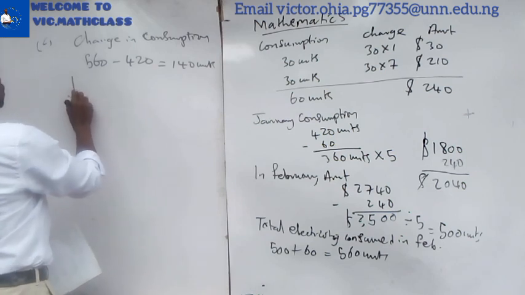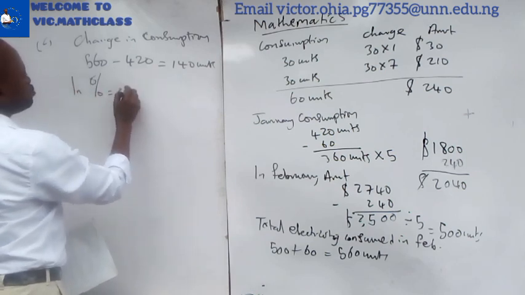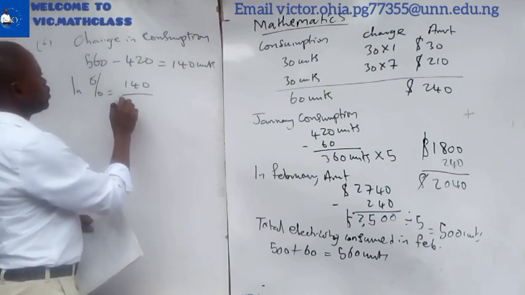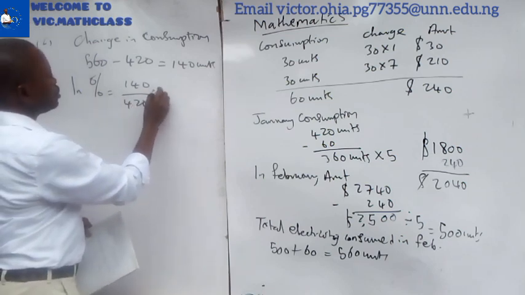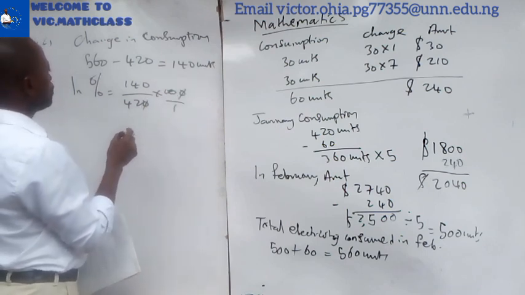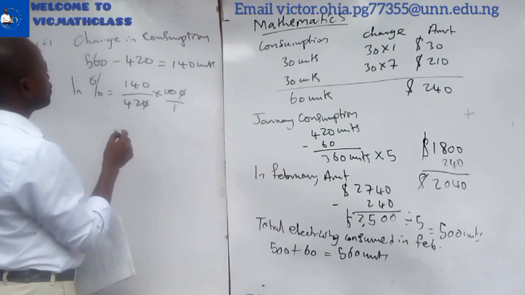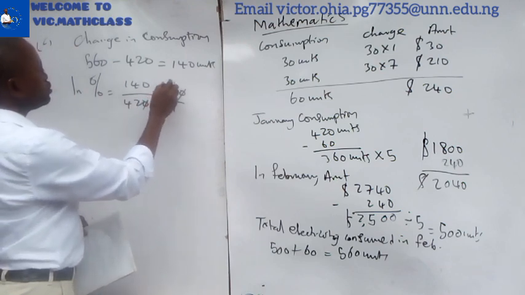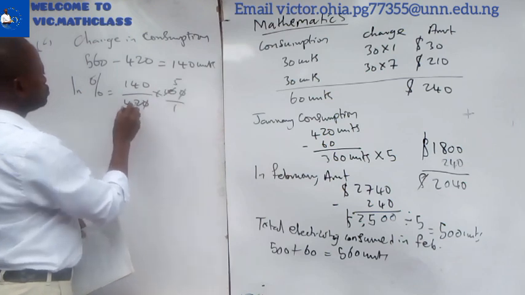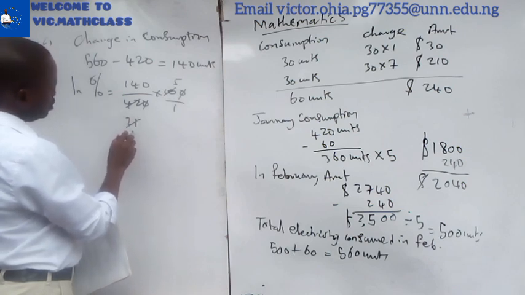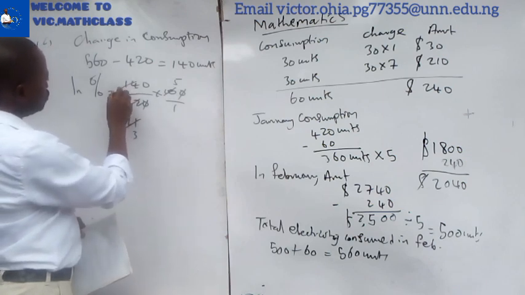In percentage now, this will be 140 over initial consumption in January, which is 420, then times 100 over 1. Take away 0 here, take away 0 here. 2 divide 10 is 5. 2 divide 42 is 21. 7 divide 21 is 3. 7 divide 14 here is 2.